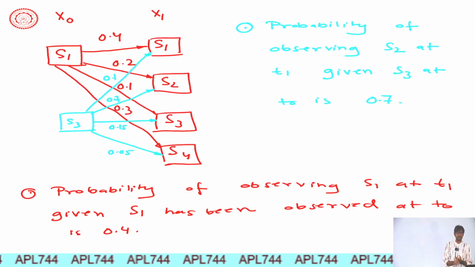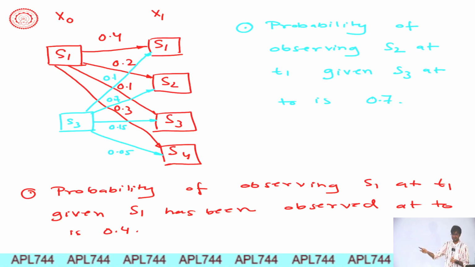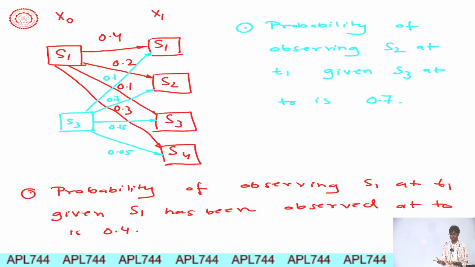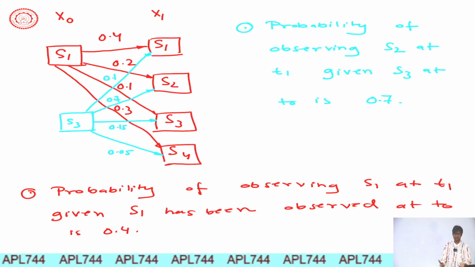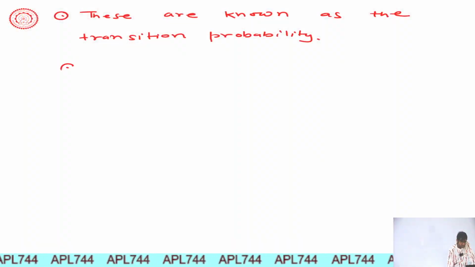One is you can draw the state transition diagram, or you can have the transition matrix. Transition matrix is what we use in programming and coding. Transition diagram is a graphical representation.